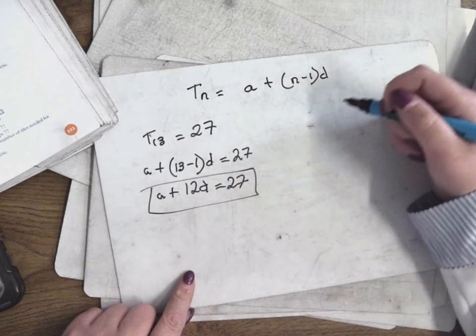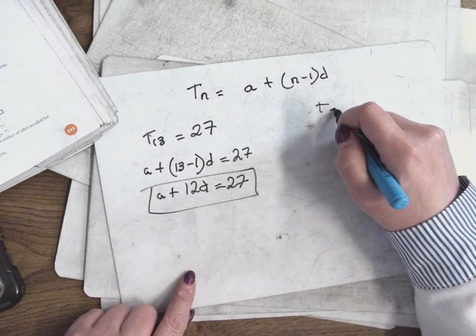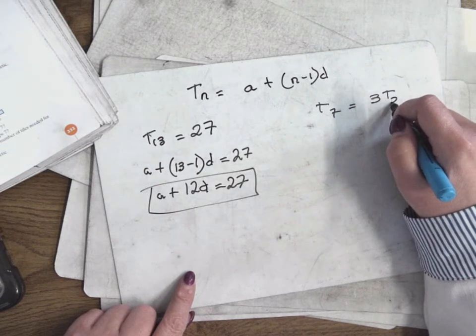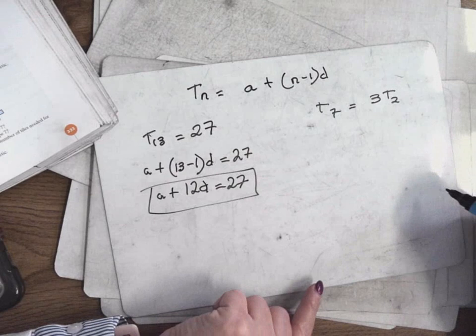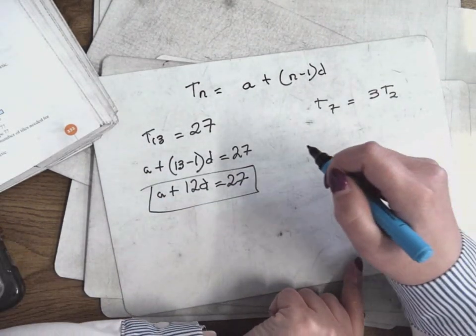The next piece of information they tell me is T7 equals 3 times term number 2. So I have to get T7. What will I do? Everywhere I see an n, put in a 7.